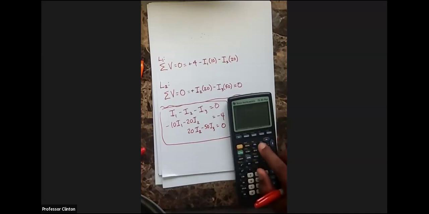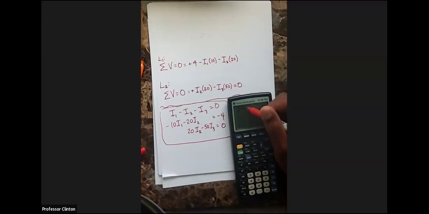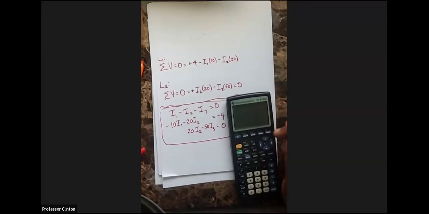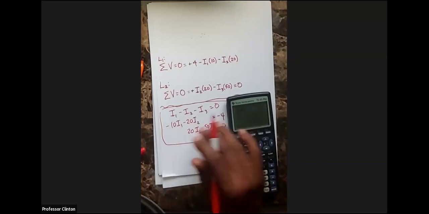We're under the names subtab, and I called it A. And we're going to want it to be a 3x4 matrix. So if you don't have it set up that way, you'll have to edit it. Go over to the edit mode and you just type in 3, enter, 4, enter.